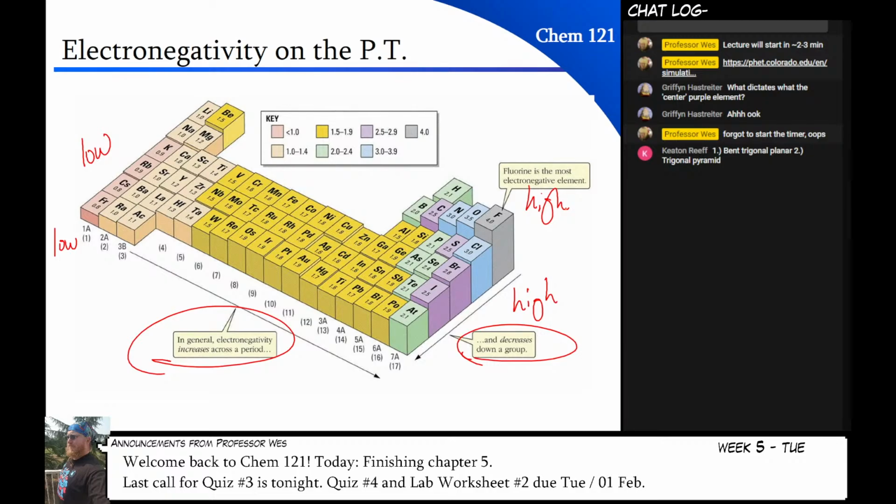So if I bond hydrogen and fluorine, I'm going to compare those two. And the difference, or delta, is just whatever I calculate between them. So the difference between 2.1 and 4.0 is 1.9. Okay, for example.